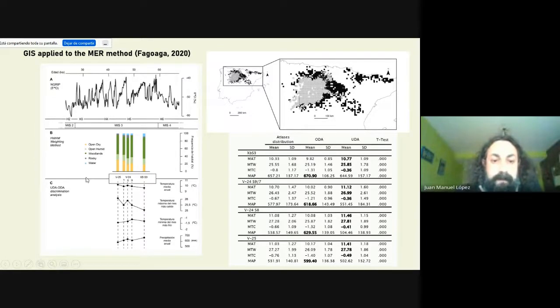And we have here also the habitat weighting and comparison of the different kinds of temperatures and precipitations.